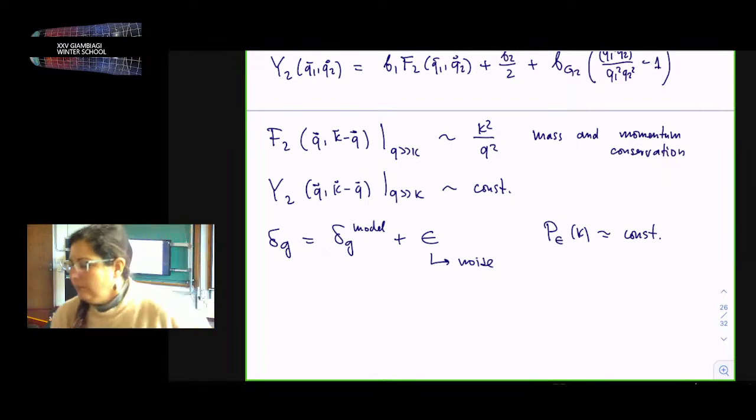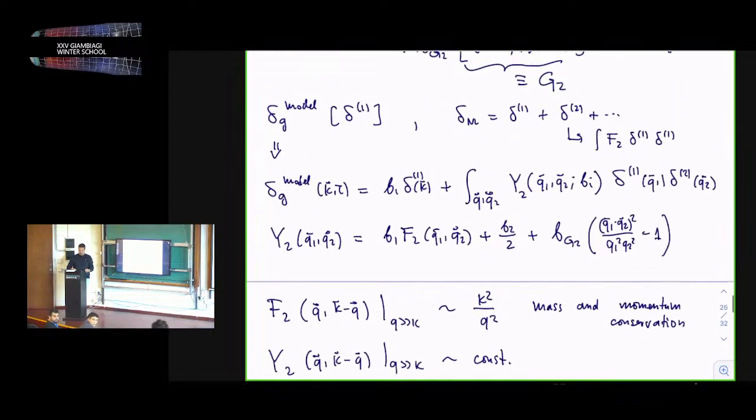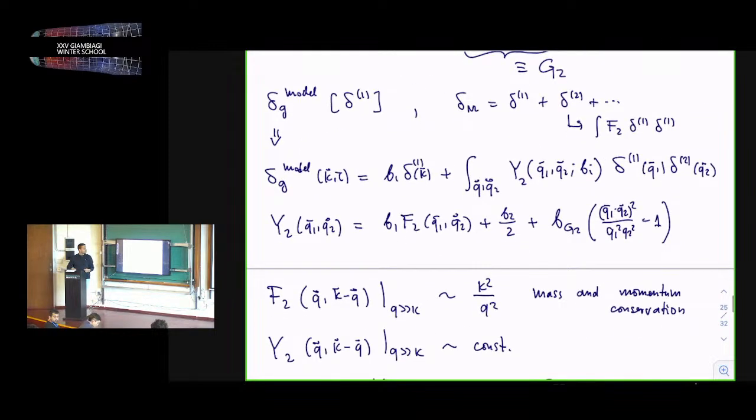No, sorry. This is delta G as a function of the initial conditions.